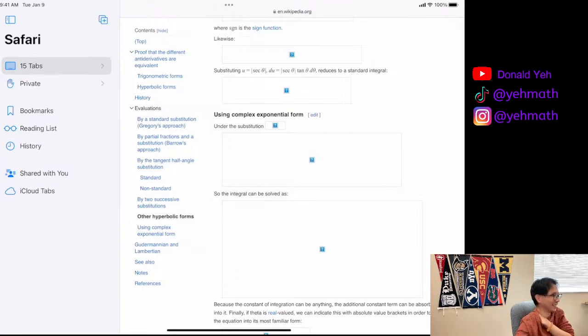Why would you use cosine theta as 1 minus sine squared theta? Because the derivative of arctan is 1 over 1 plus x squared. And this is called decomposition. How does he do that? We're going to learn that in Calc 2.